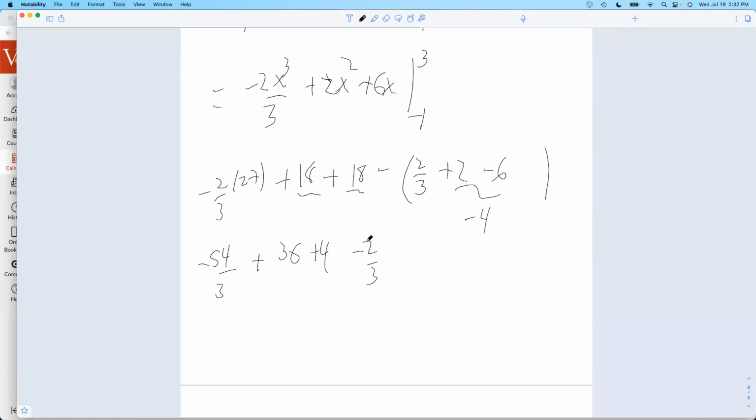So I've distributed that negative. All right, so that's 40 minus 56/3, which will be 120/3, multiplying top and bottom by 3 here, minus 56/3. Let me get my calculator out.